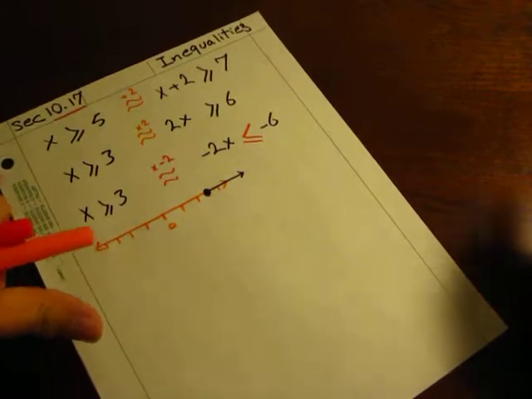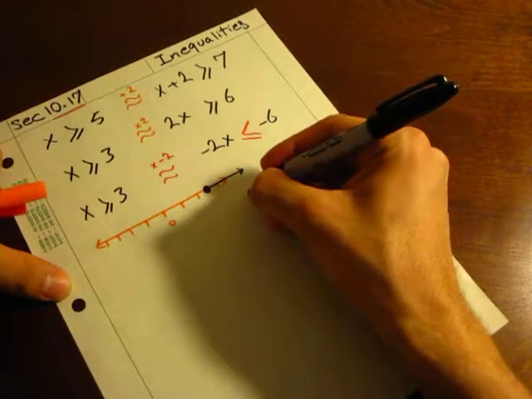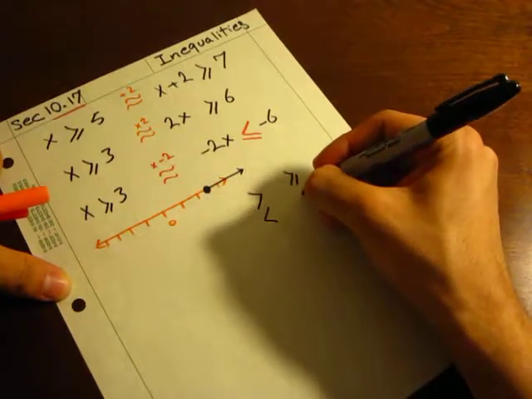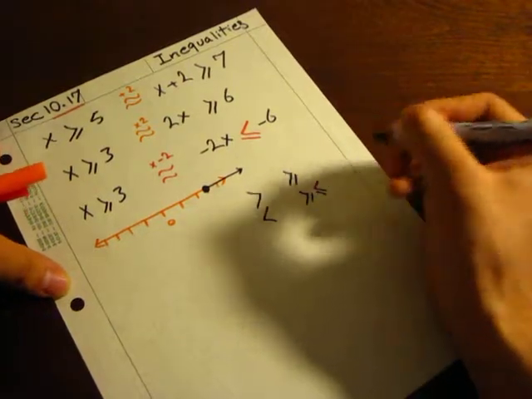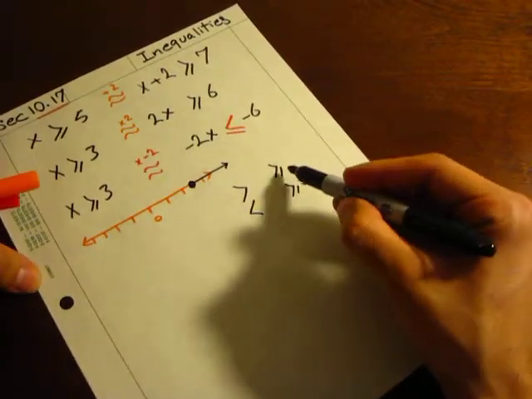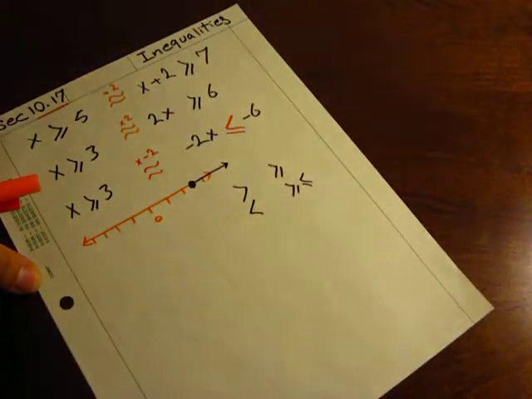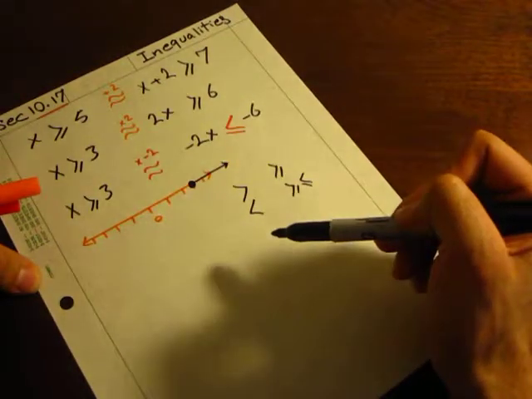So the important thing is to understand the difference between these two signs and these two signs. As you see, these two signs mean greater or smaller and equal, but these two are greater or less than.